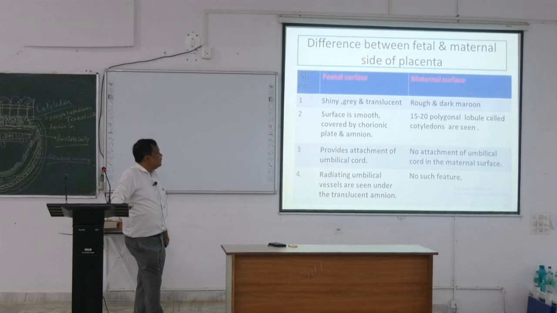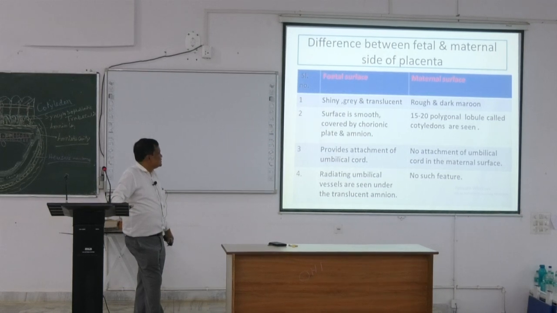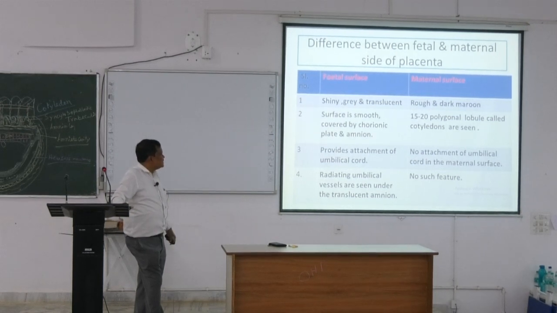No attachment of the umbilical cord on the maternal surface. Radiating umbilical vessels are seen under the translucent amnion. No such thing on the other side. Easily we can tell which is the fetal side and which is the maternal side.